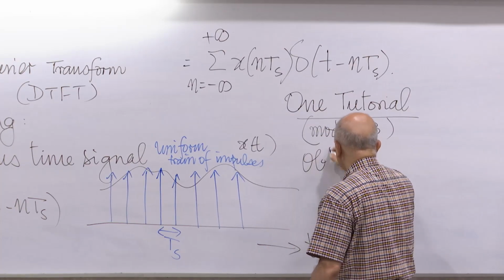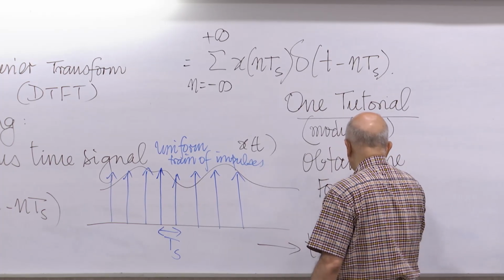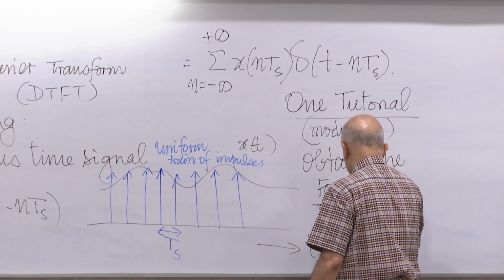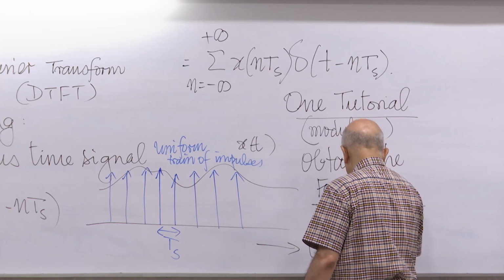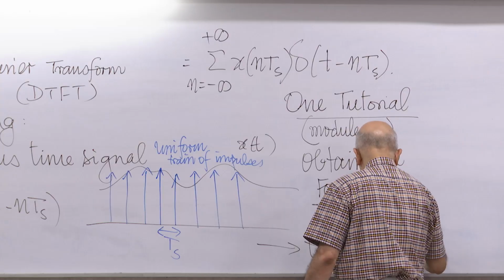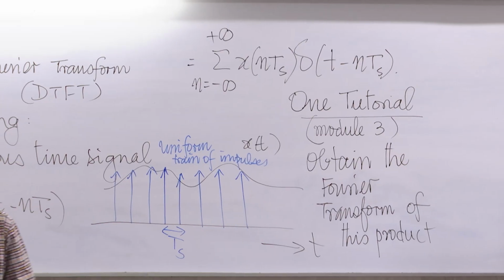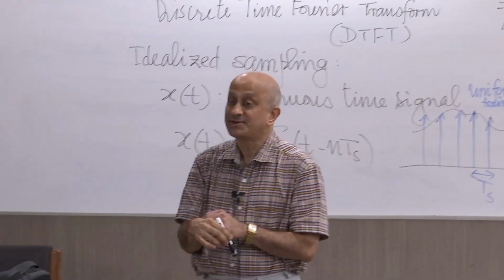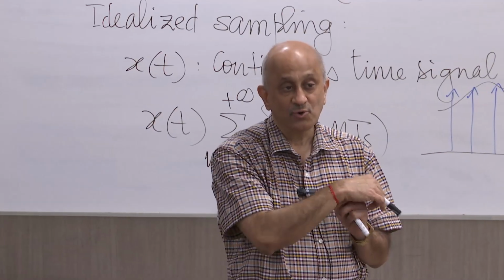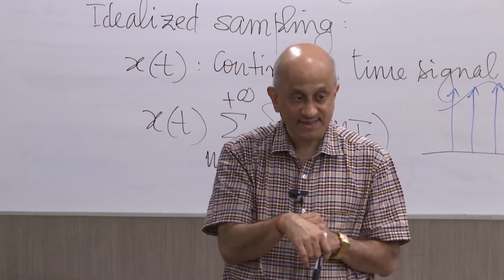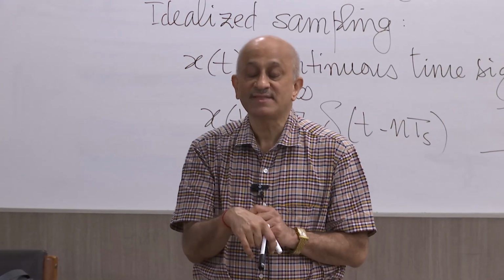Obtain the Fourier transform of this product, which means you assume that you know the spectrum. Spectrum is another name for the Fourier transform. So, you know the spectrum of x of t, and you know Ts, you know at what rate you have sampled the signal, ideally, right? Find out the spectrum of the sampled signal.